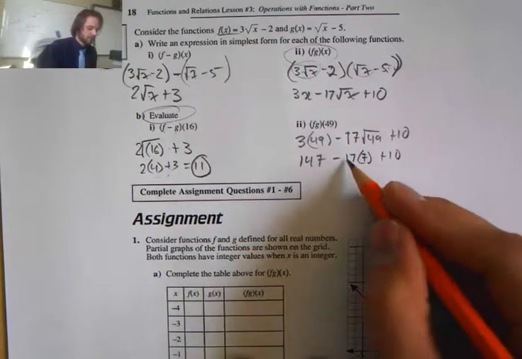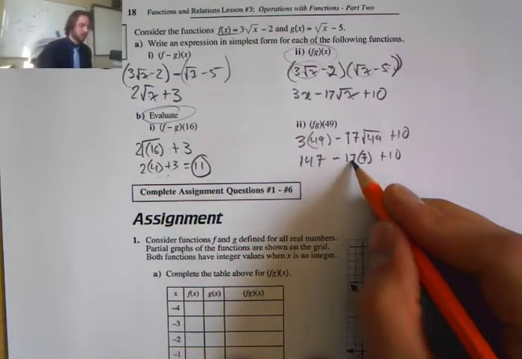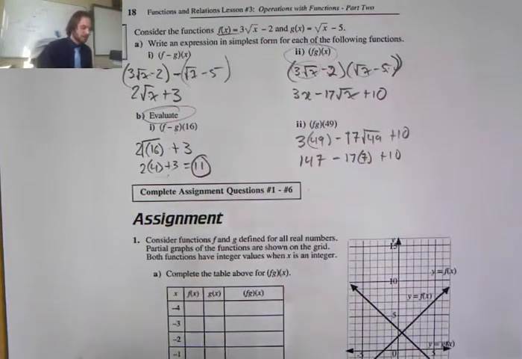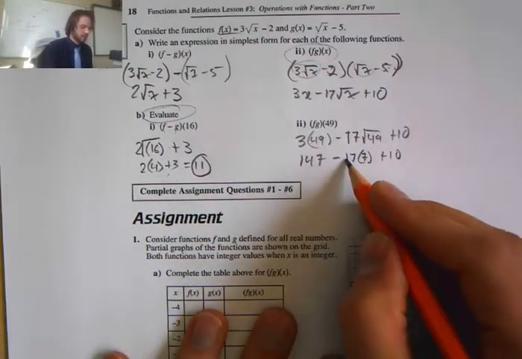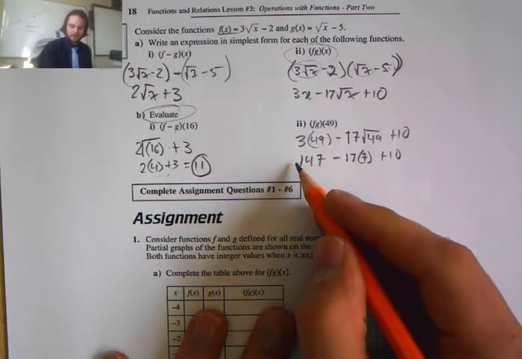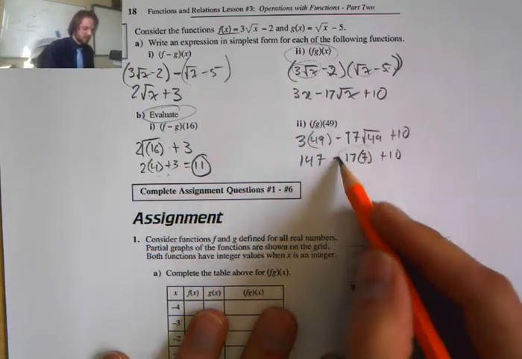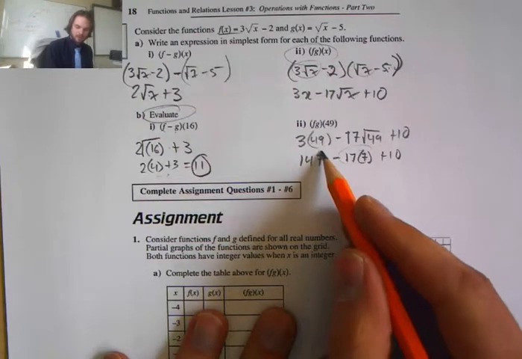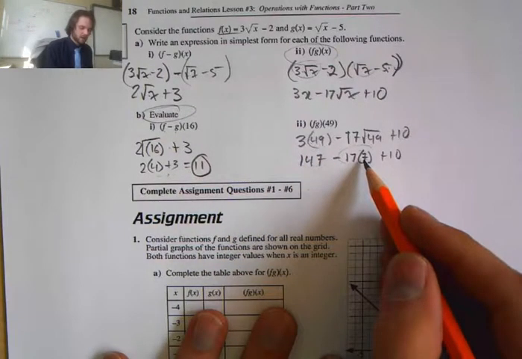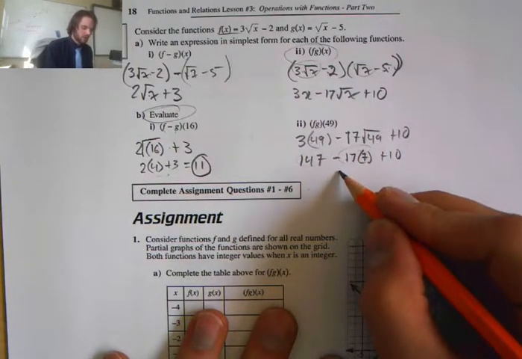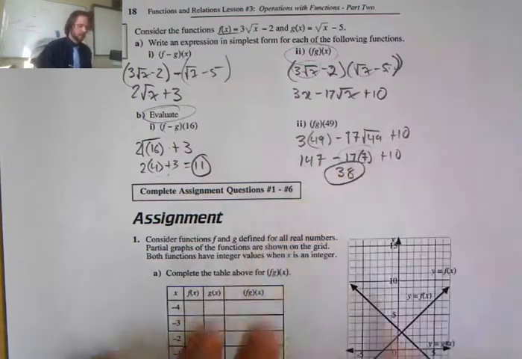So what is 17 multiplied by 7? 70 and 49 is 119. And then we have 157, and we subtract it. That's going to give me a total of 38 as my answer.